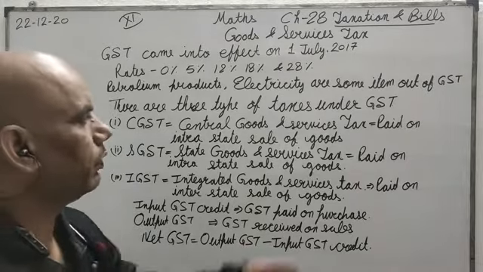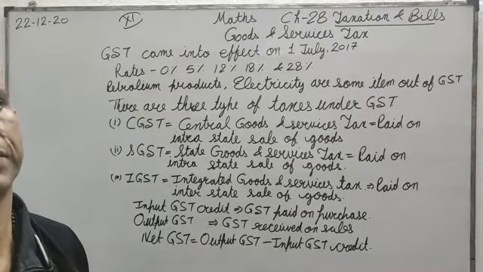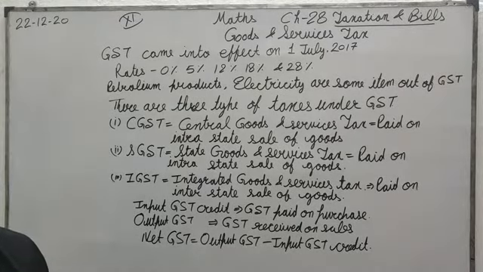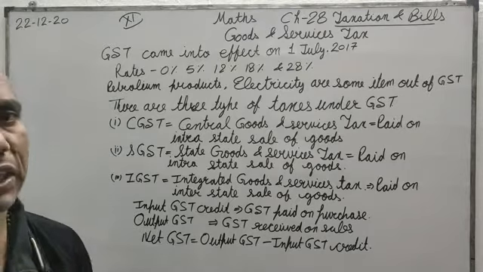There are three types of taxes under GST. One is CGST, that is Central Goods and Services Tax, which is levied on intrastate sale of goods. Intrastate means within the state, that is, if a sale and purchase is taking place in the same state.